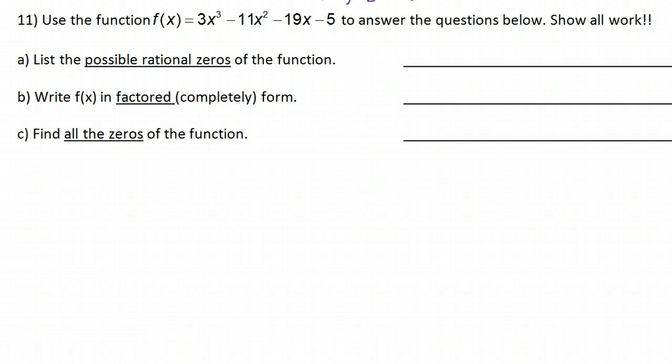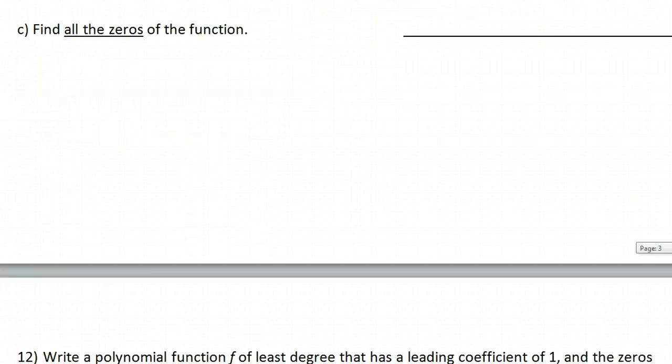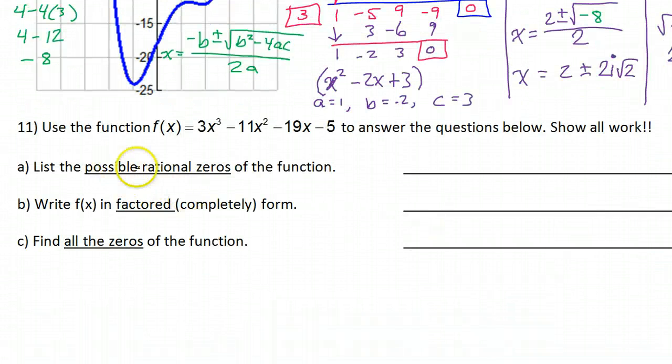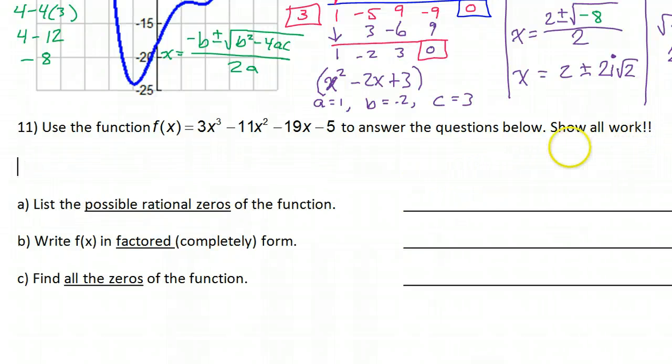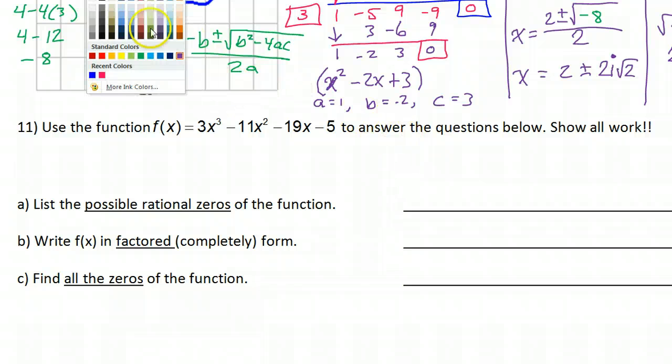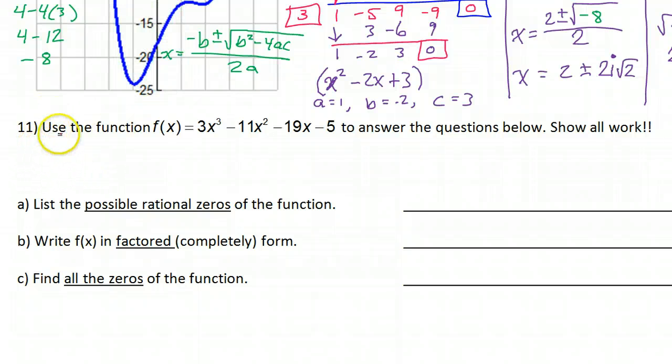The rational zero theorem, let me see if I can get a little bit more space on here for instructional purposes. The rational zero theorem tells us that the only possible rational zeros are going to come from the constant term and the leading coefficient. I'm just going to use the positive versions of both of these.